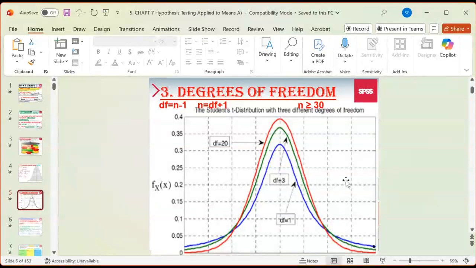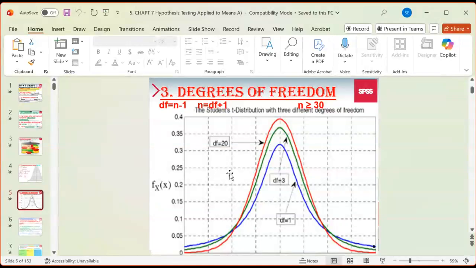because sample size is related to df, degrees of freedom. The formula for df, we said, is n minus 1. You take away 1 from the sample, especially if you have one sample consisting of, let's say, 30 participants.